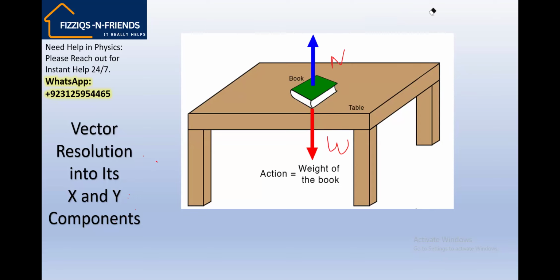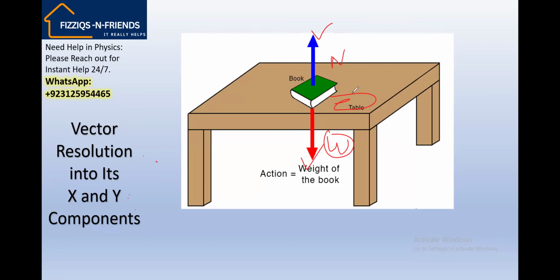Because there are only two forces acting on the body. One is upward, which is the normal force or reaction force of the table surface, and there is the weight of the book. So these two forces are canceling out each other, and you need to notice that these two vectors are totally vertical.